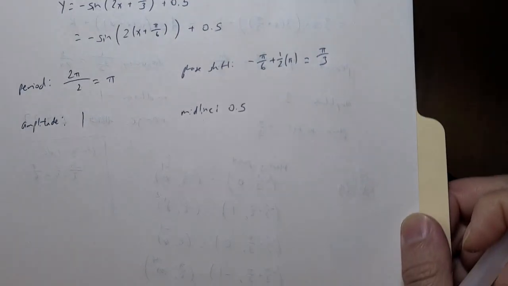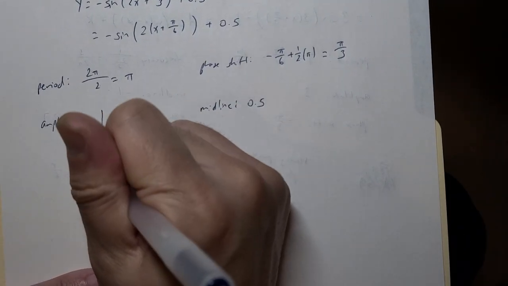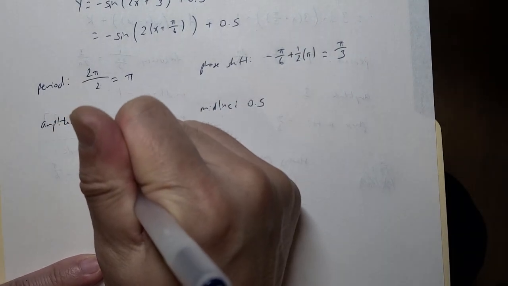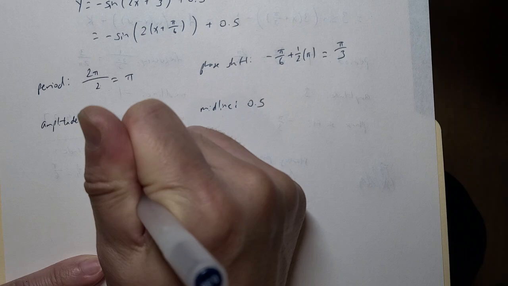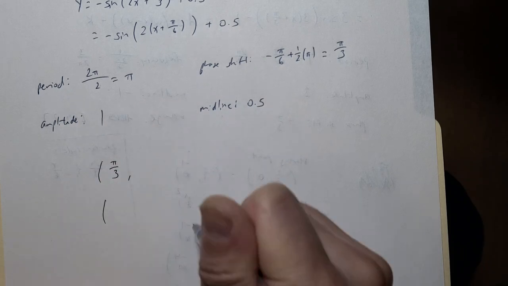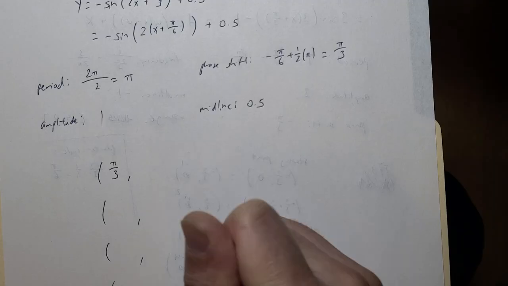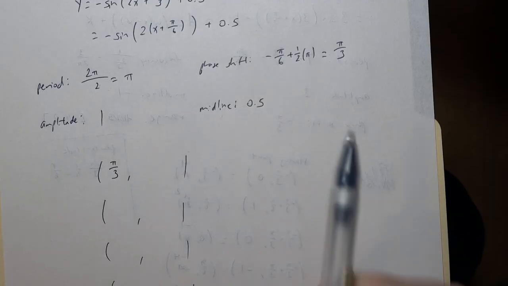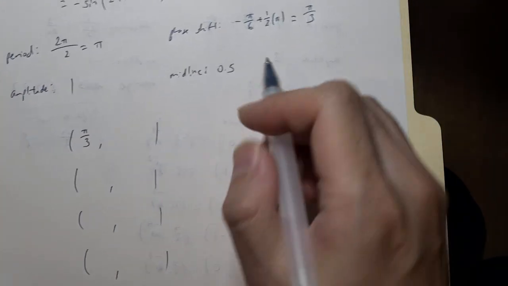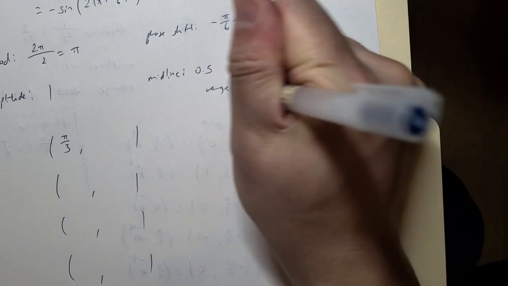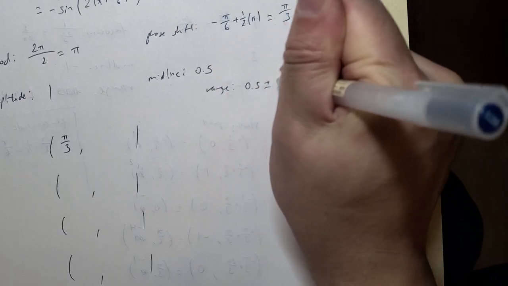Okay? So, let's get our 5 points now. So, it would be pi over 3, comma, something, 4, 5, okay? Let's get the y's first, actually. The y is always easier. So the range is 0.5 plus or minus 1.